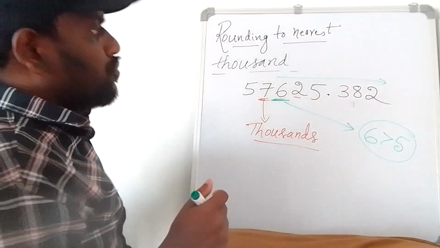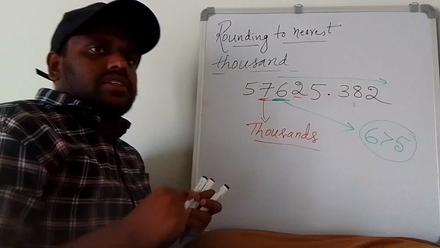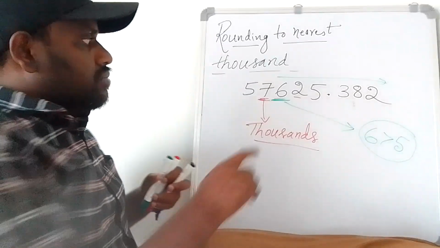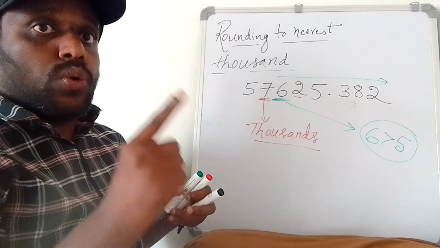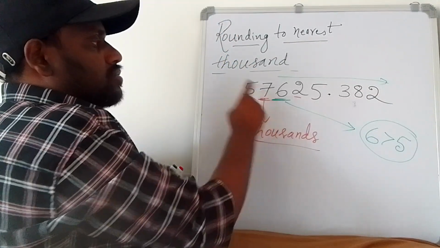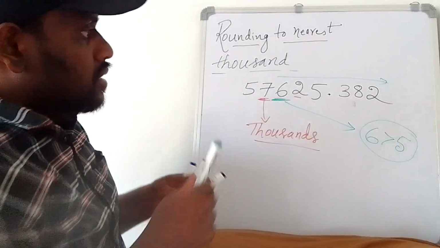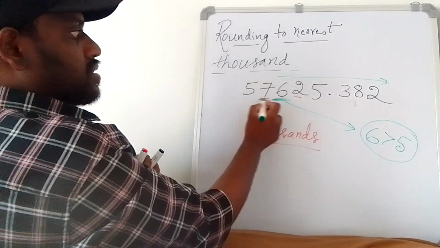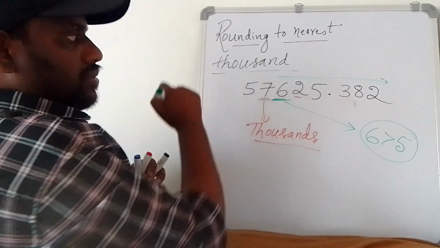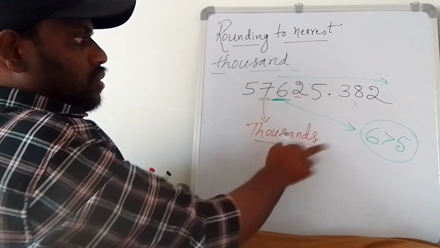Now what do we have to do? In the previous example I said if this digit is equal to 5 or greater than 5, we have to add 1 to the previous digit. Here 6 is greater than 5, so we have to add 1 to the previous digit. Here the previous digit is 7, I mean the digit which is in the thousands place.